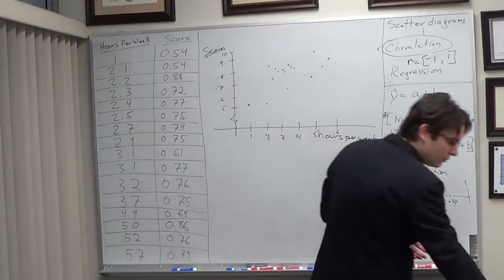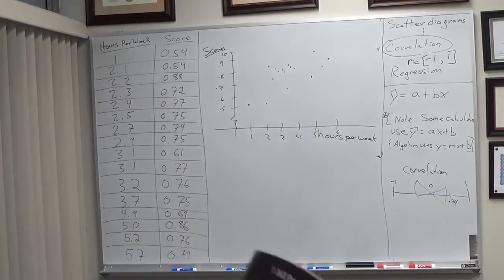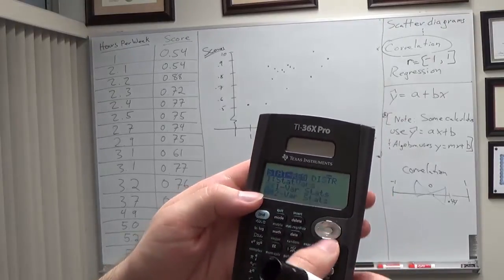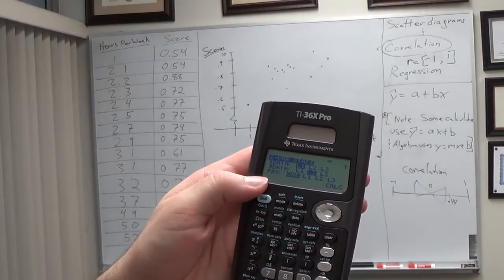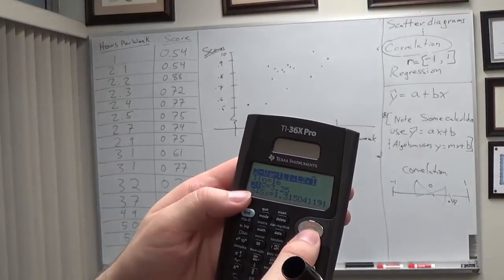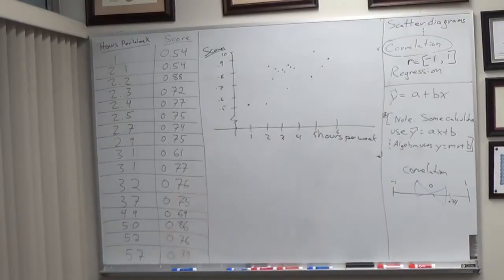Here's what we do. If you look a little further in your data column, we can look at some other numbers too. Our data's still here, so if you hit second and go to two variable statistics and tell it that you've got things in list 1 and list 2, we'll notice that you can find x bar, which is the average number of hours, 3.25.